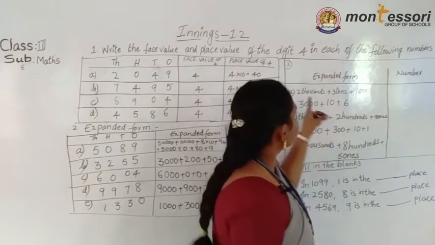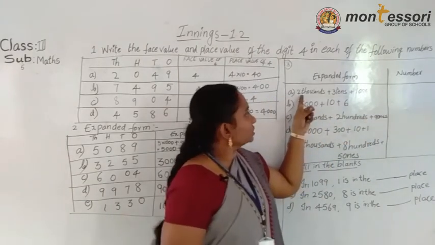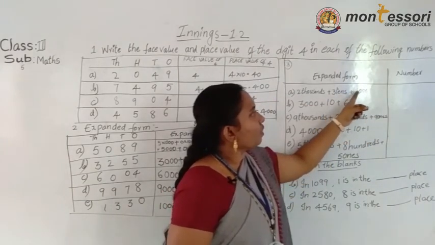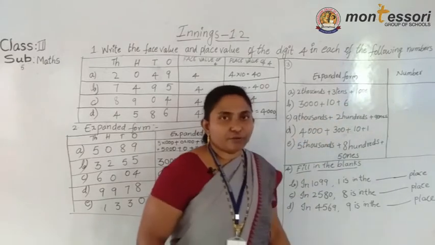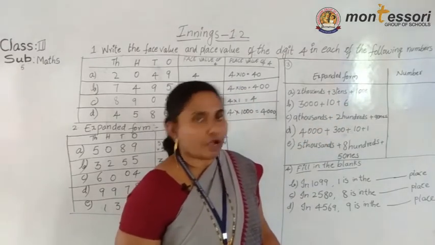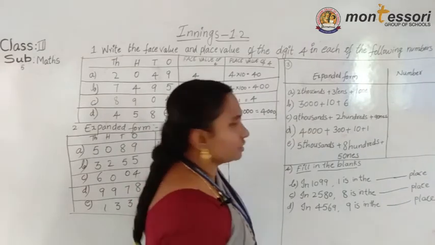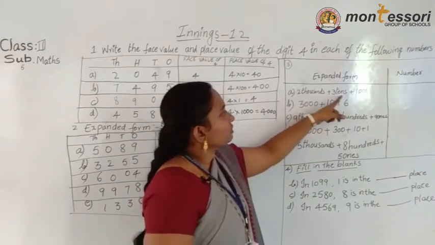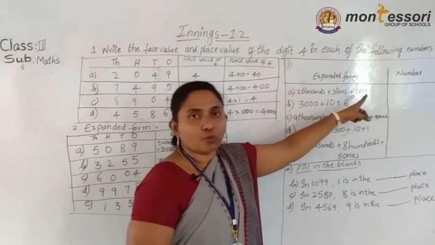Now here 2000, 3 tens, 1. Here, expanded form we are writing in short form to number. So now listen carefully, 2000, 3 tens, 1 one.